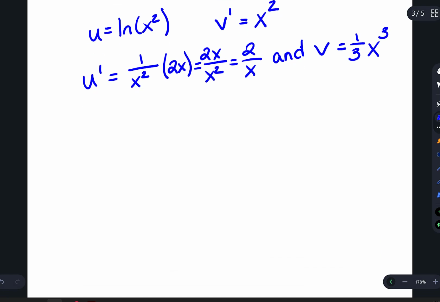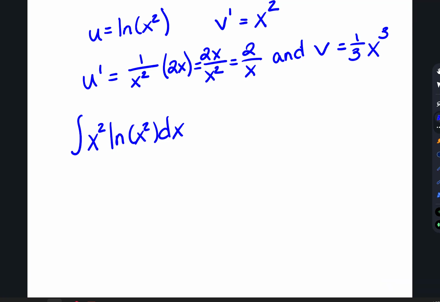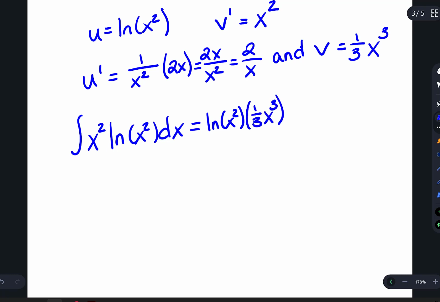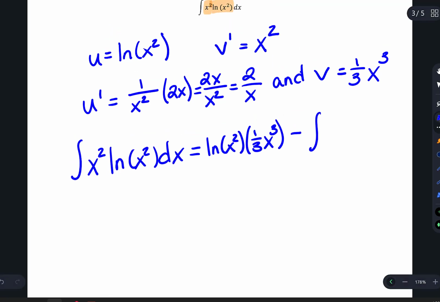So now we can set up our integration. So we have the integral of x squared natural log of x squared dx. And then applying our integration by parts, this is going to be equal to u times v. So we're going to have the natural log of x squared times 1/3 x cubed minus the integral of u prime times v. So this is going to be 2 over x times 1/3 x cubed dx.